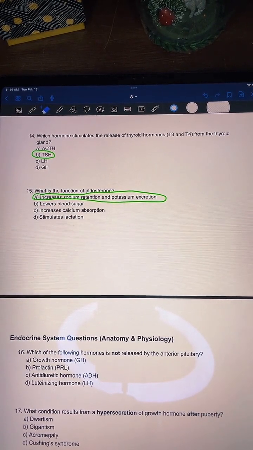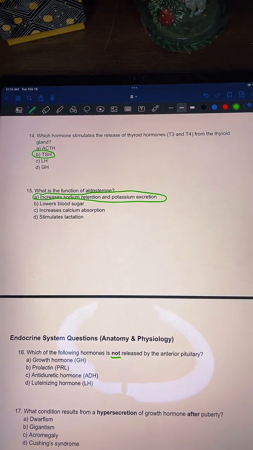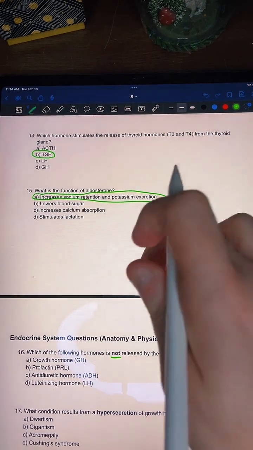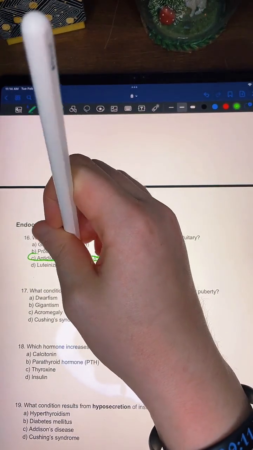Give you guys a couple seconds to answer number 16. A couple different ones here, but the answer is C, antidiuretic hormone.